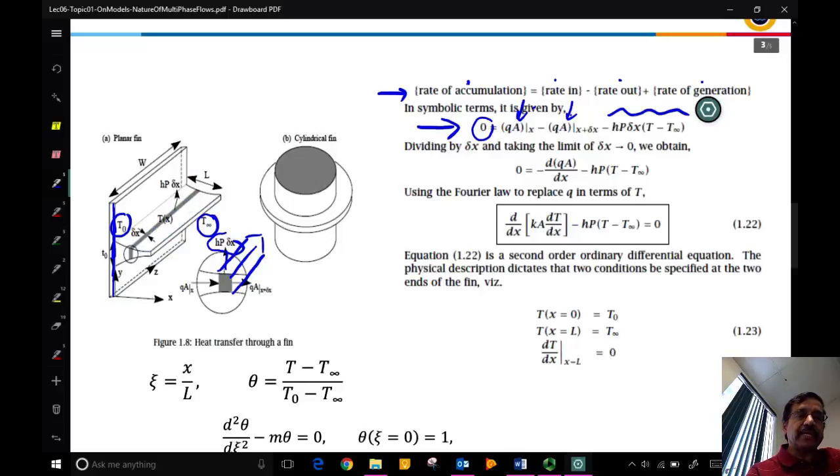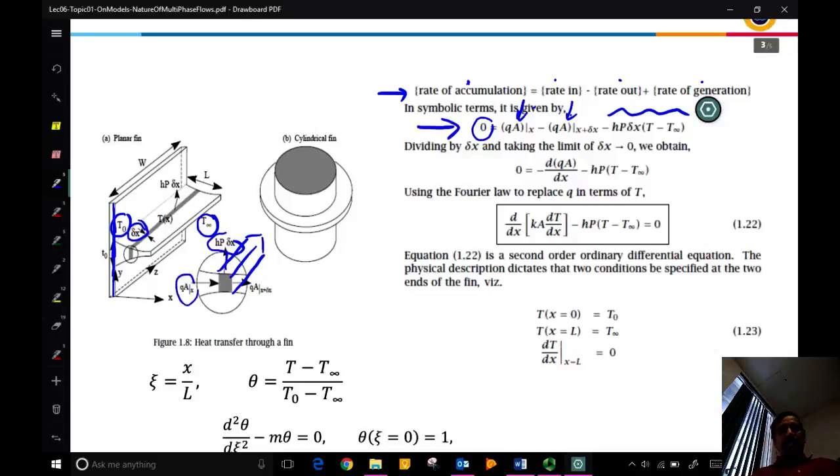The shaded area that you see is a thin volume of thickness delta x. Through the left side, energy comes in by conduction heat transfer, but from the right side it is leaving, also by conduction. That is modeled by q times A. q is the flux, so many joules per meter square second, and when you multiply it by the area, you get joules per second.